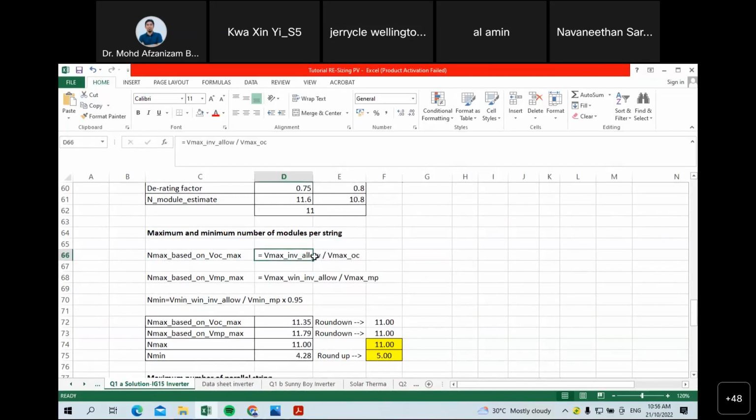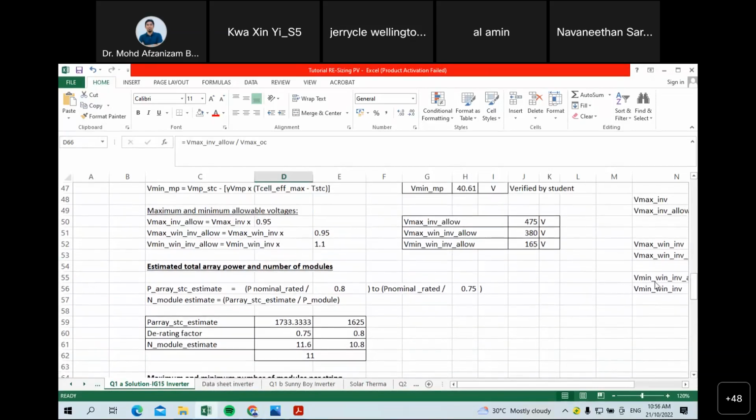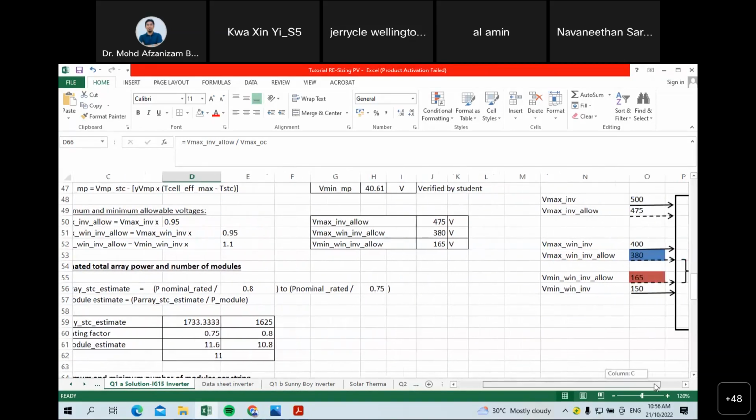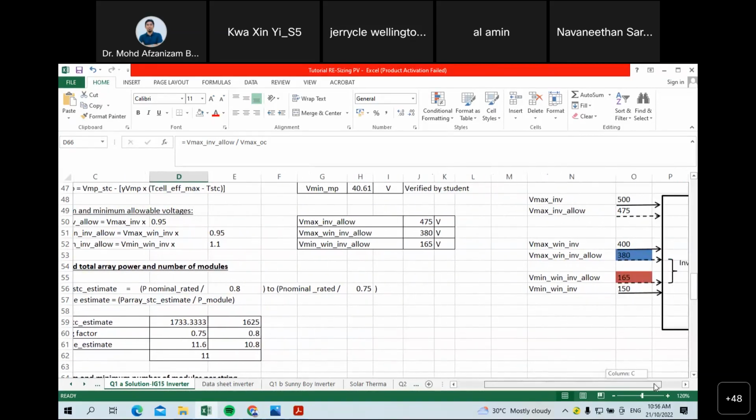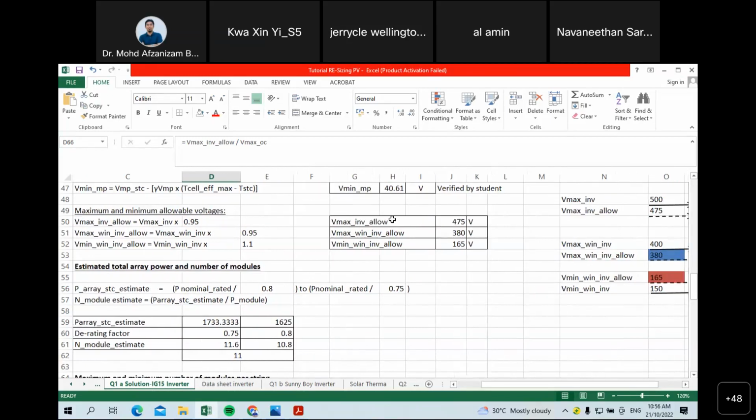Vmax inverter allow, we already obtained previously. That's why we go for the calculation. Vmax inverter allow is 475.